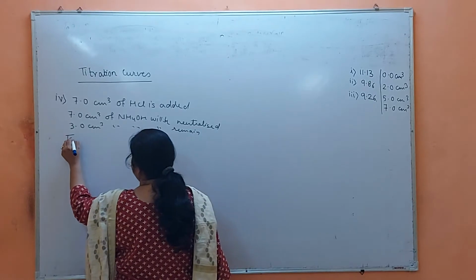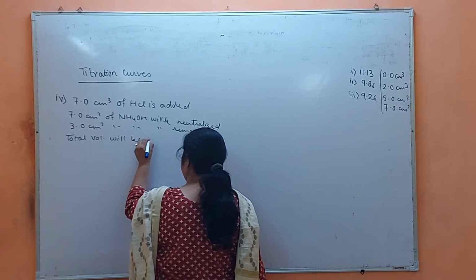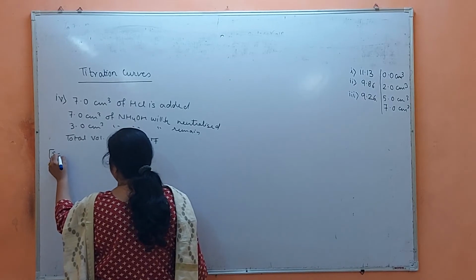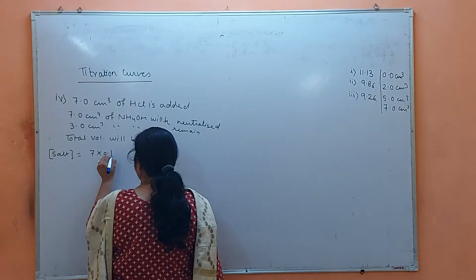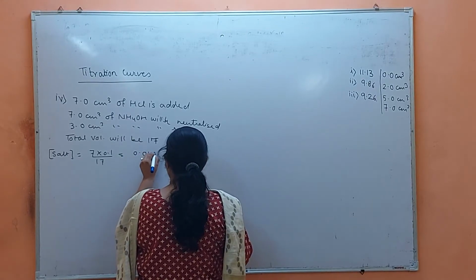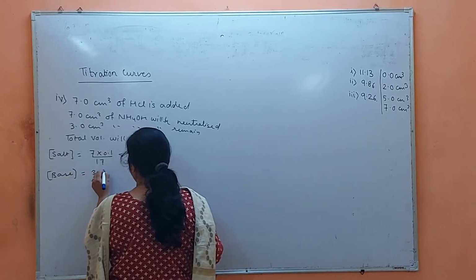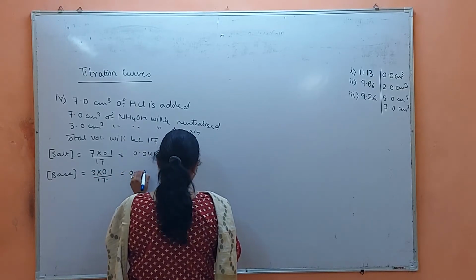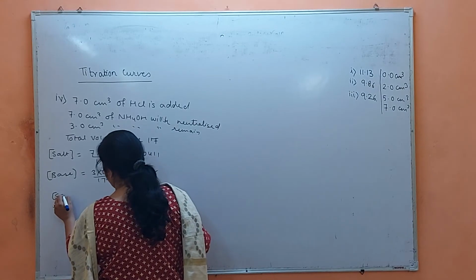Total volume will be 17. So if I wish to calculate salt concentration, it will be equal to 7 into 0.1 divided by 17, which comes out to be 0.0411, and base concentration will be 3 into 0.1 divided by 17, which comes out to be 0.0176.